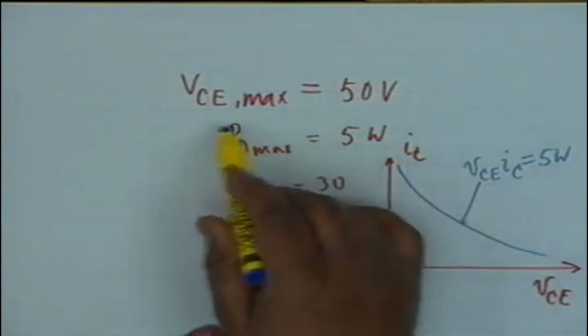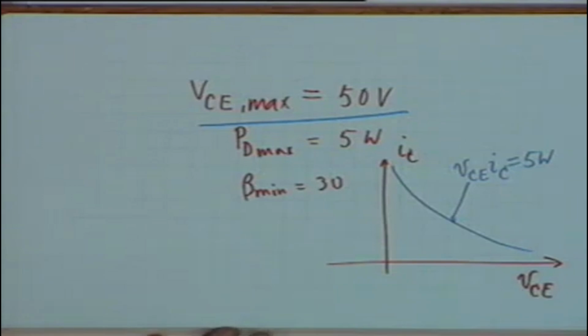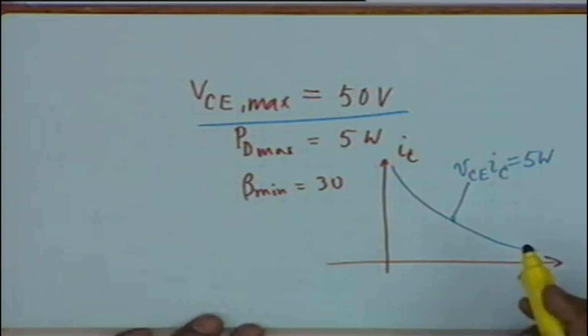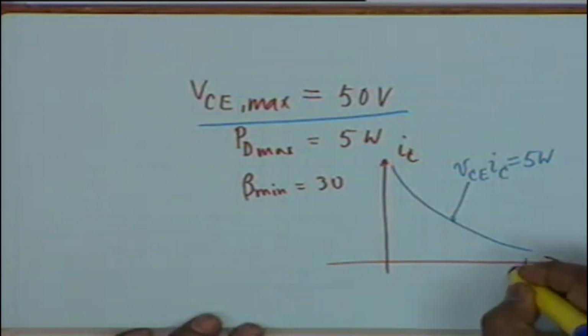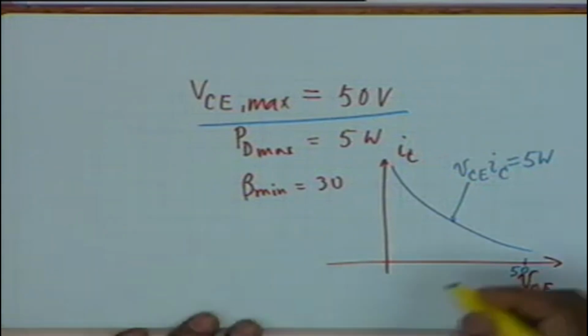Then your VCE max is 50, so you prefer to go to the high voltages rather than high currents because the characteristics are more linear. So you mark a point 50 volt here. Then obviously the maximum voltage swing can be 25 volts if the characteristics are ideal.